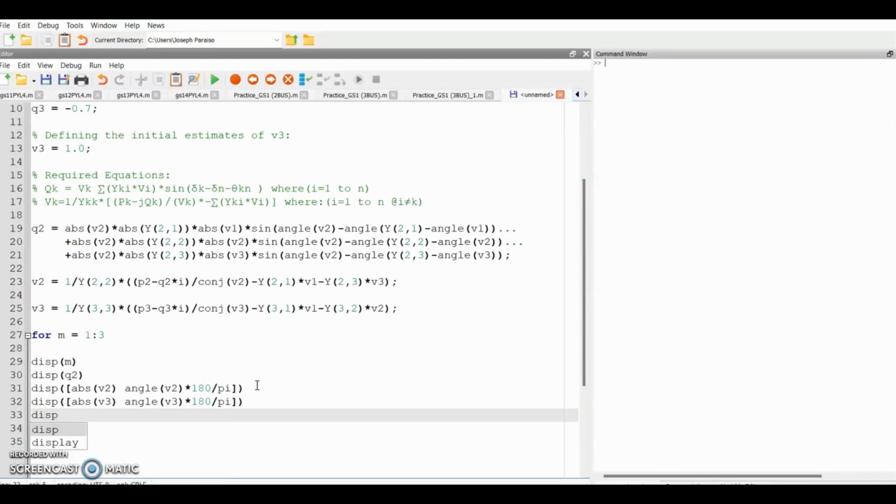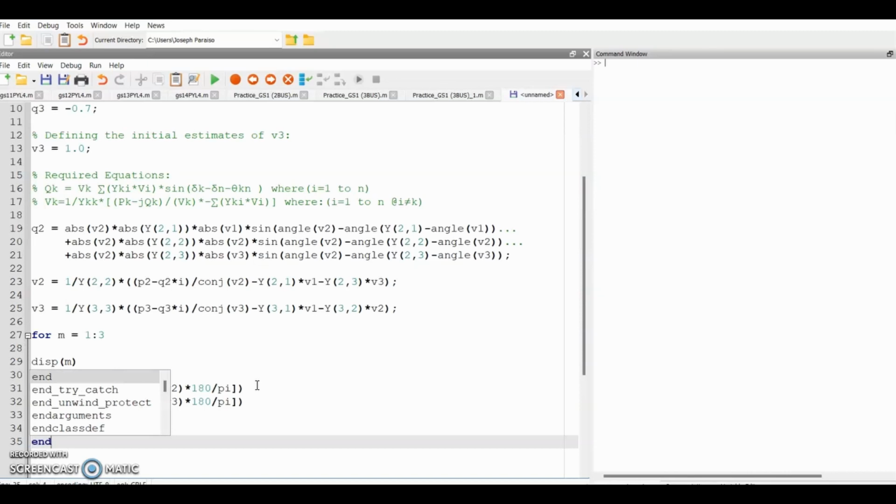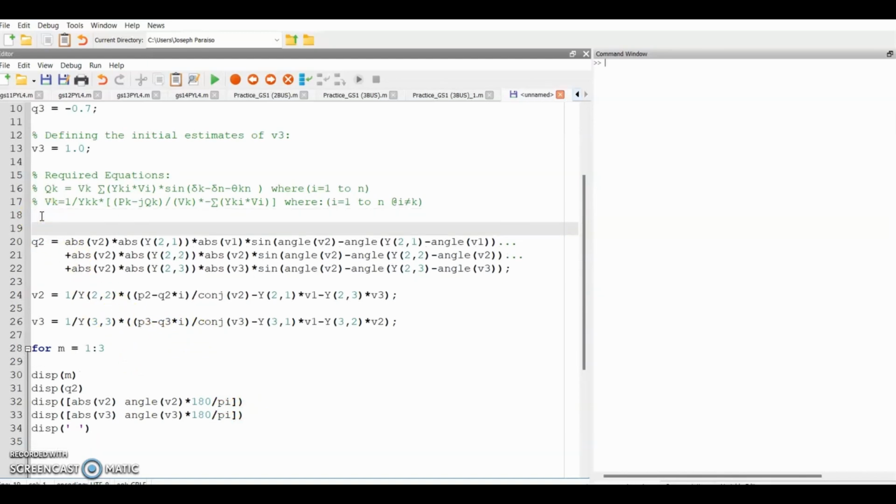So, spacing, rotation. This is the end. You need to write the end.